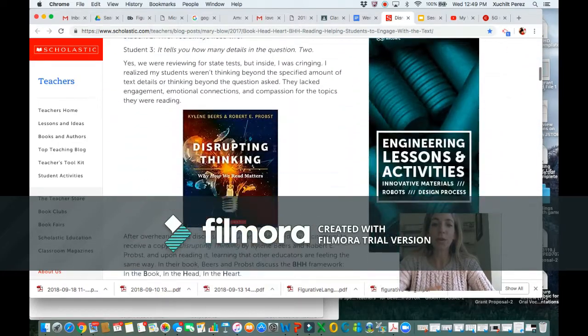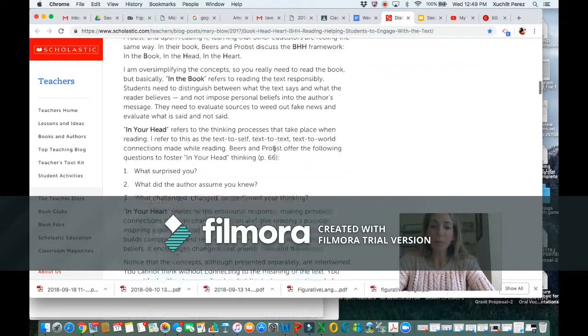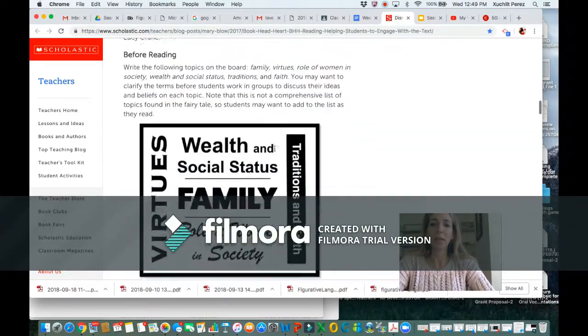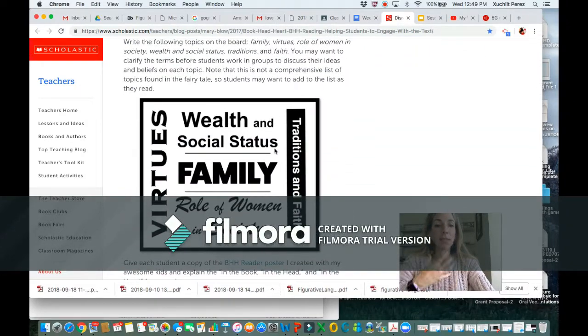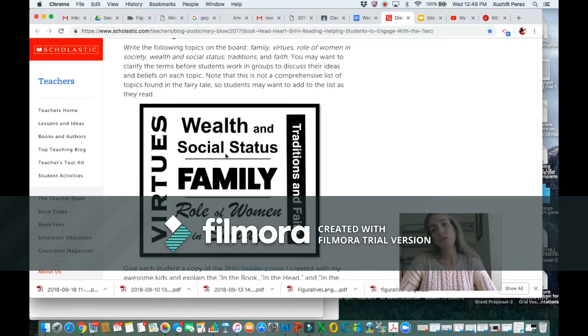So if you run through here, this is the book. I would highly advise you get it. But the basis of it is really setting up your readers to think beyond the text. And she gives an example here of a unit that deals with virtues, wealth, social family, status.